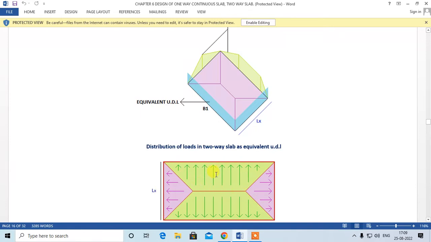This portion will transfer the load to this long span beam, and this area of slab will transfer the load to the shorter beam, and this area of slab will transfer the load to this long span beam.